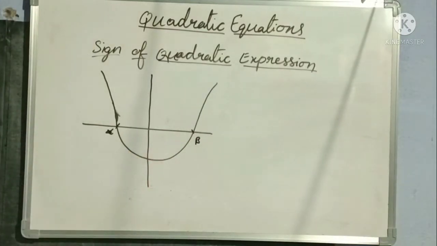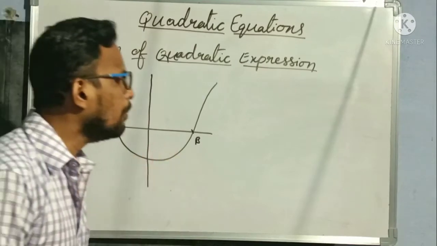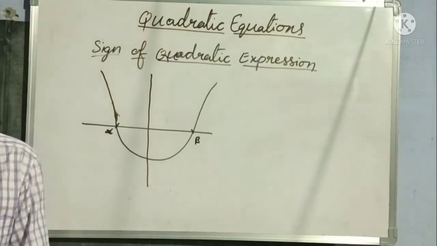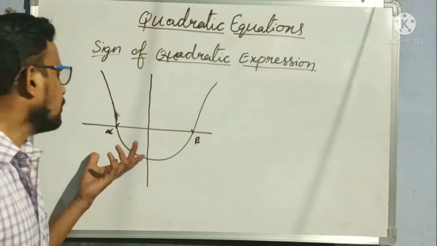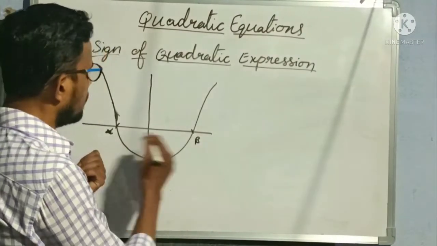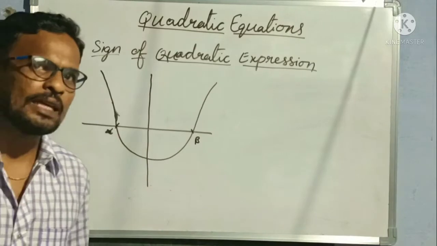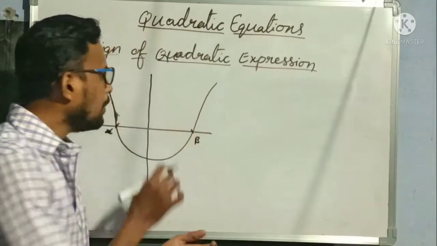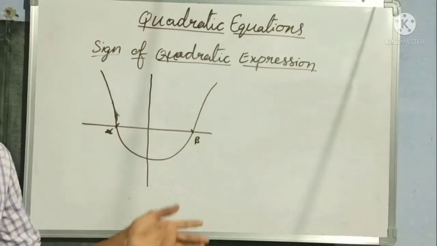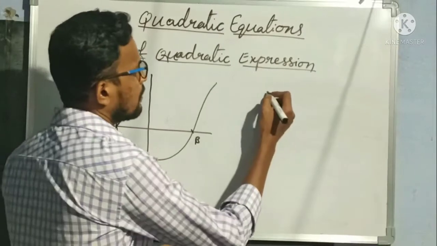These two are our roots. So when will our graph be positive and when will our graph be negative? Irrespective of our roots being one positive and one negative, that is not what we want. What we want is when this graph will be positive and when it will be negative.